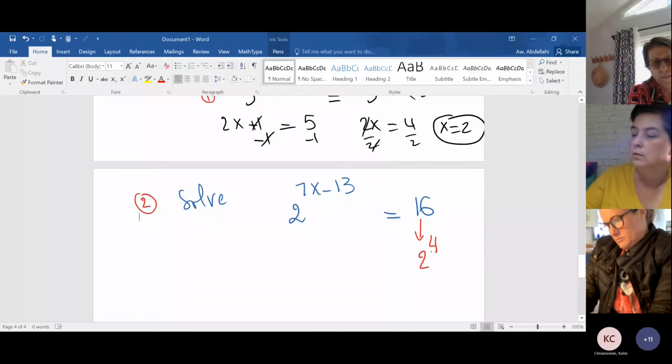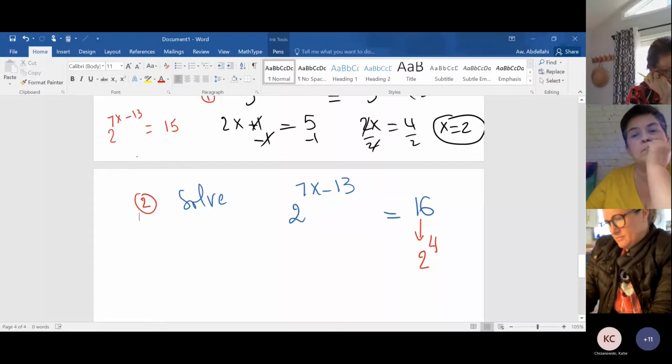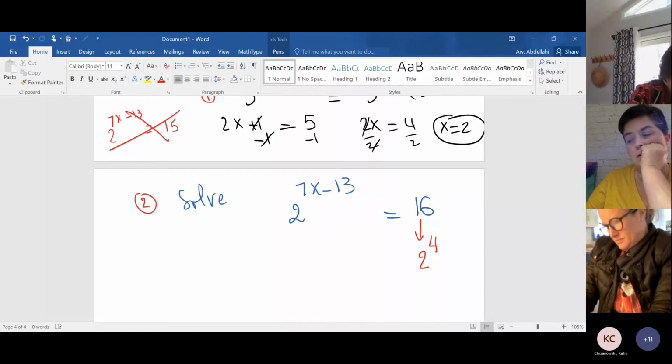So in O83, as of right now, we don't know how to solve this if it was another number like 15, because we cannot write 15 as a power of 2. But 16 happens to be exactly some power of 2, 2 to the 4th power.